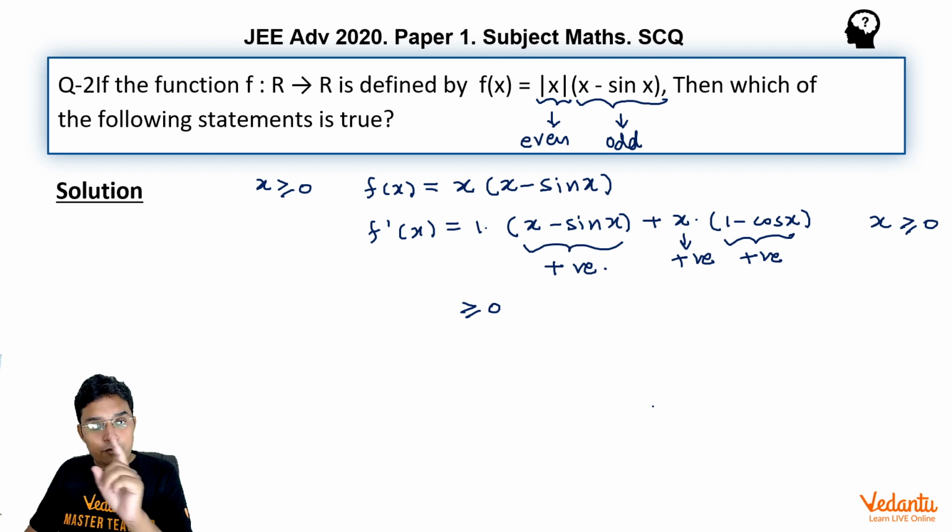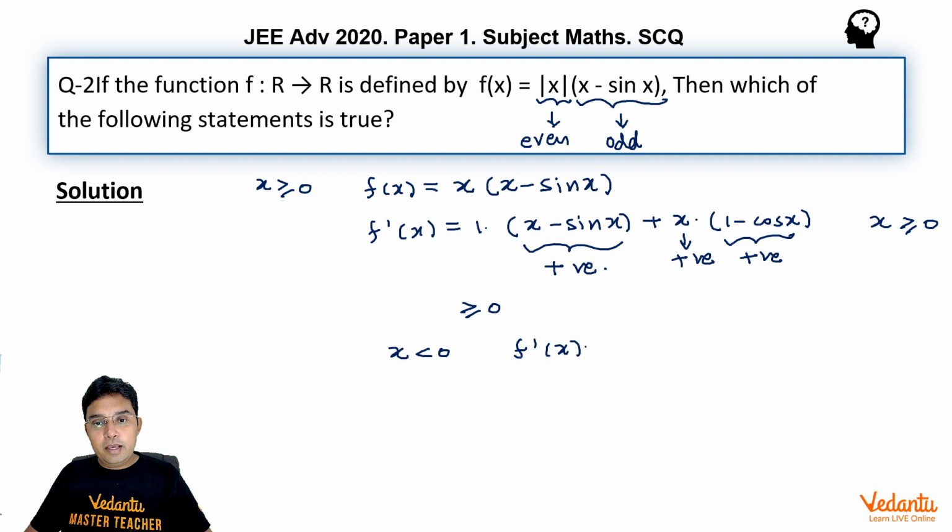Now because the function is odd, its derivative should be an even function. So we can say for x less than 0 also, this f'(x) will be greater than 0, and you can verify by proper differentiation also. In fact, if we try to see it graphically, then also it is very easy to see.